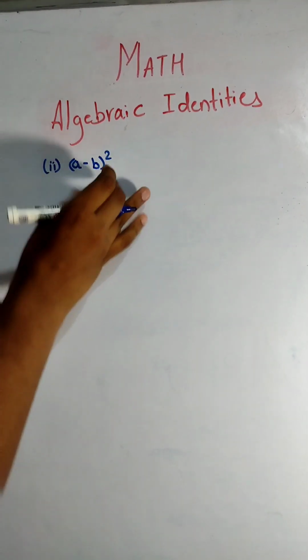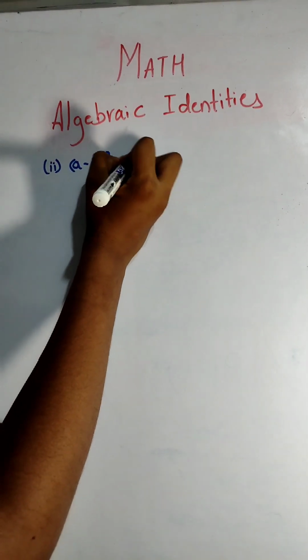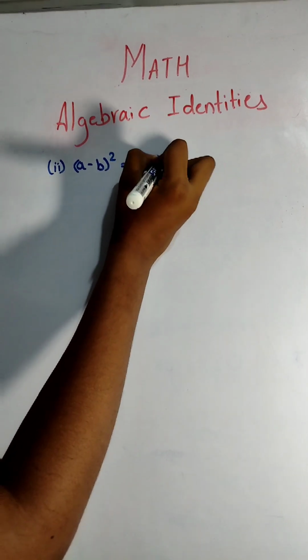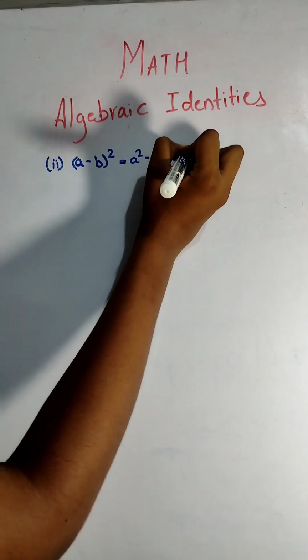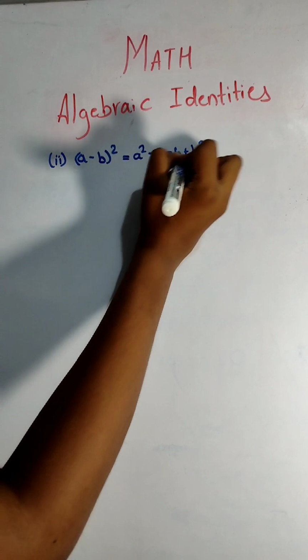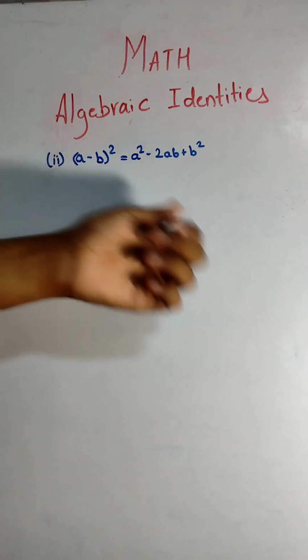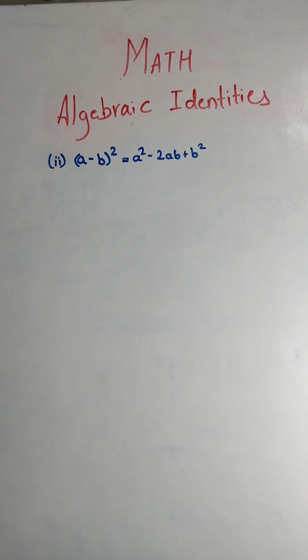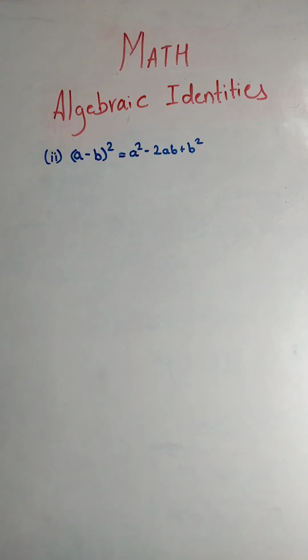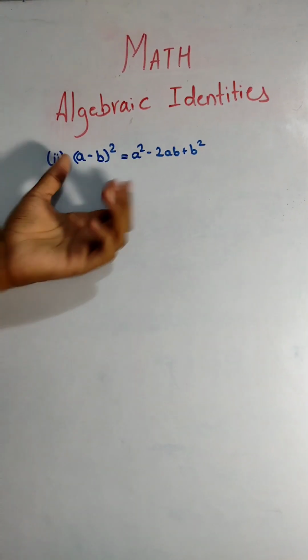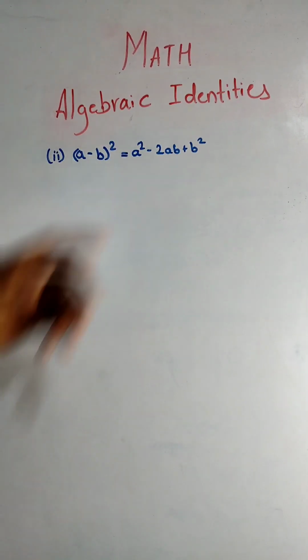So let's see how we can get this, which is equal to a square minus 2ab plus b square. You can see that there's a minus here instead of the plus that was in (a plus b) whole square, and I'll show you how that comes about. So let us see how this equation equals this.